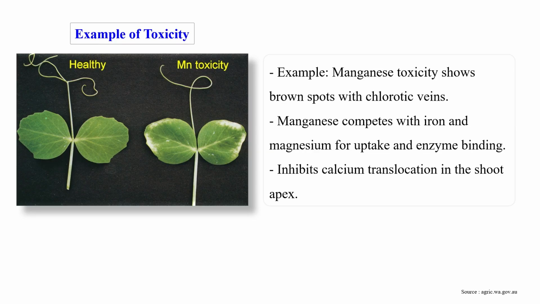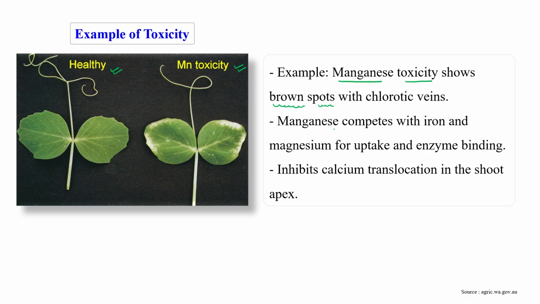As you can see in this picture, this is a healthy leaf, and these leaves show some symptoms of manganese toxicity. Manganese toxicity shows brown spots with chlorotic veins.